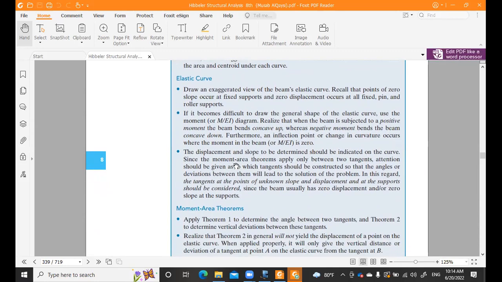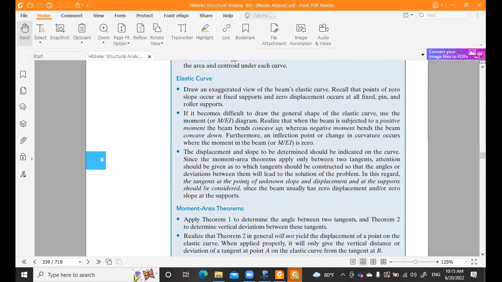The displacement and slope to be determined should be indicated on the curve. Since the moment area theorems apply only between two tangents, attention should be given as to which tangent should be constructed so that the angles and deviations between them will lead to a solution of the problem.